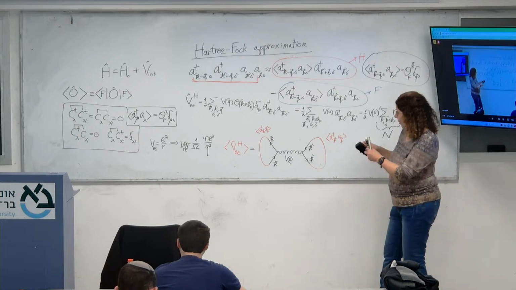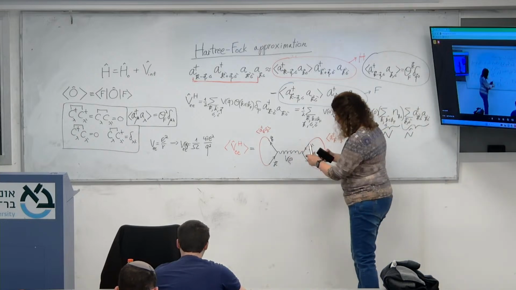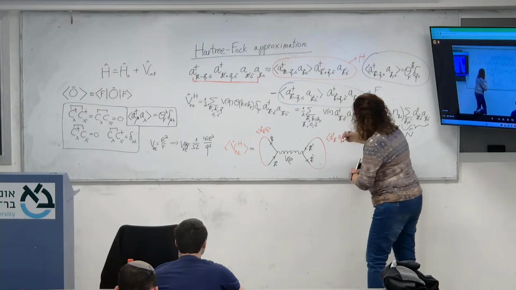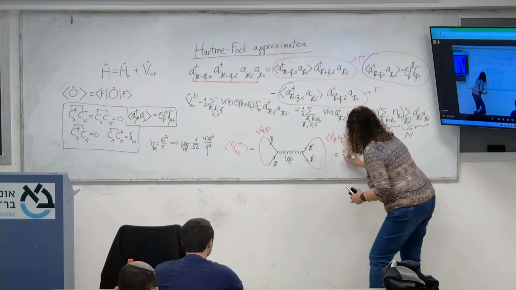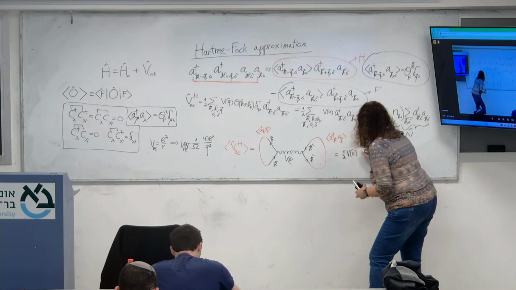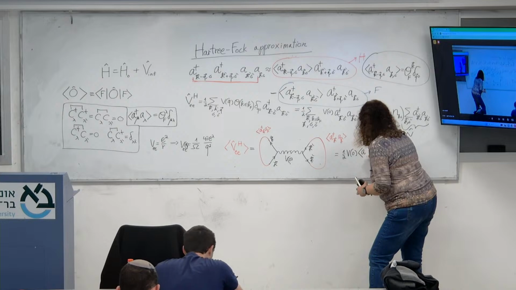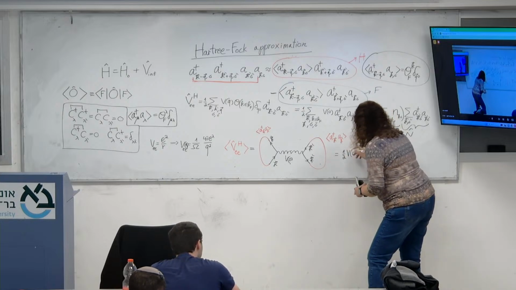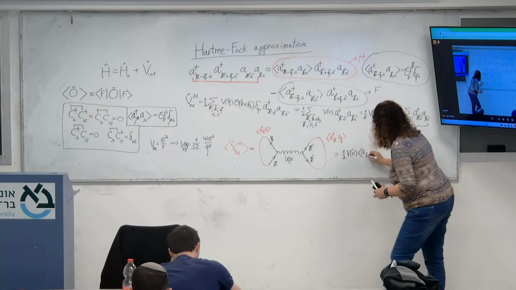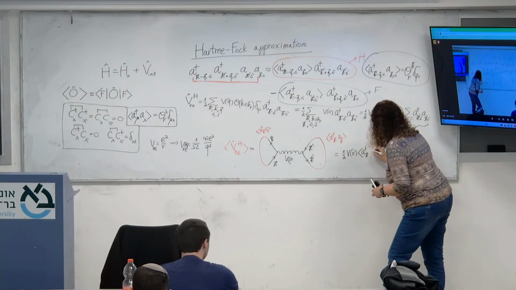Just to understand the picture, what is written here is explicitly 1/2 v of 0 times the product of occupations. This diagram is just one such term.